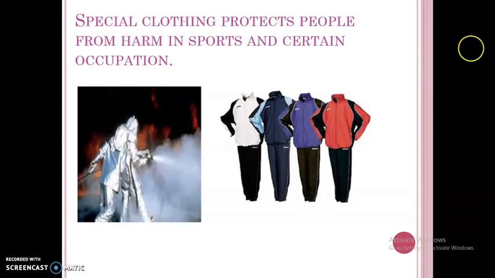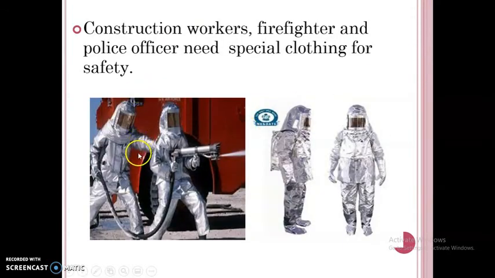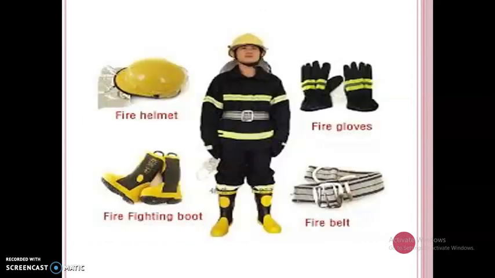You can see some examples in the images. For example, construction workers, firefighters, and police officers need special clothing for their safety, and that is why this kind of clothing is also termed occupational clothing.